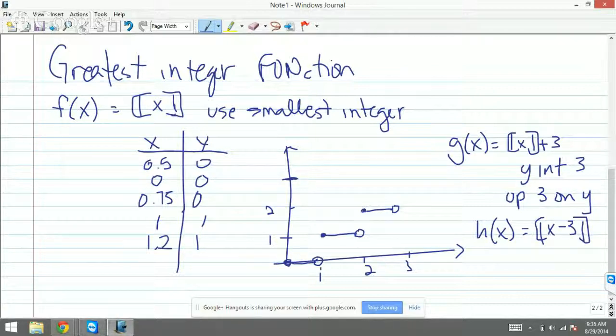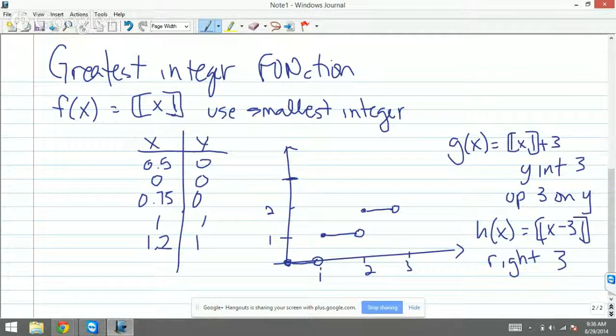This one's a little tougher. In the brackets, I minus 3. It shifts it right 3. That's where it gets a little funny. So just be careful. I'm not going to throw a lot of those at you. These are just useful sometimes.